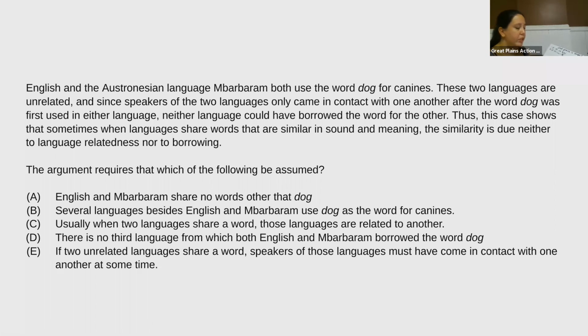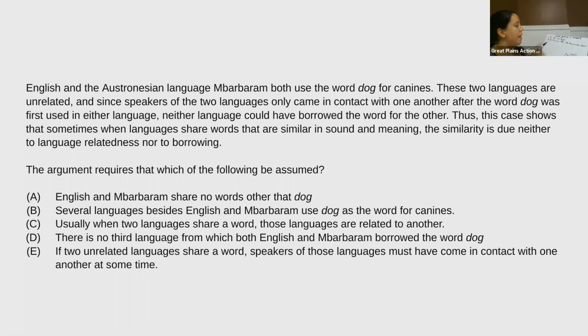There is some language where a word is shared and it's not borrowed from another language. Throw it out there. So when we have not borrowing, we're talking about not being borrowed from any other language or not related to each other.